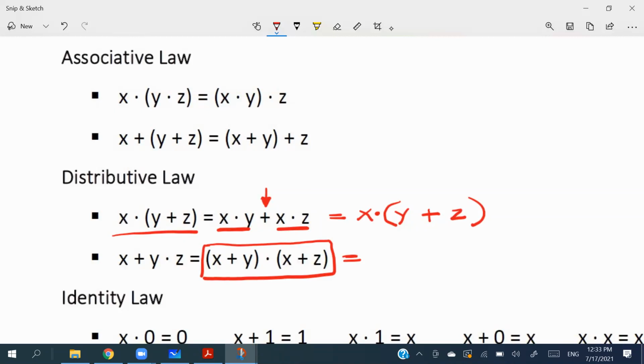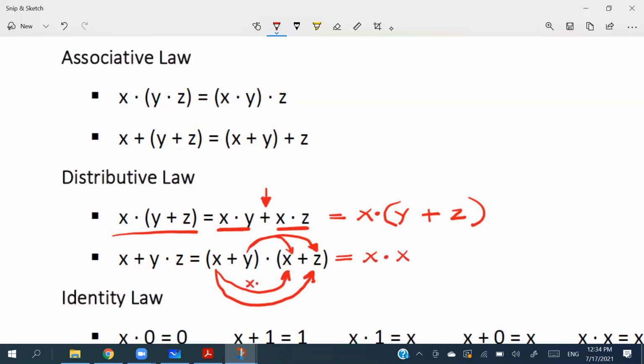There are two brackets here. When there are two brackets, this is how the distributive law is applied. One component is multiplied with the other bracket. Then the next component is multiplied with the other bracket again. So this is going to give you x dot x, this is going to give you x dot x, this is going to give you x dot z, so we say plus x dot z.